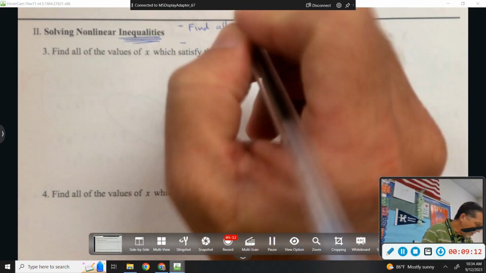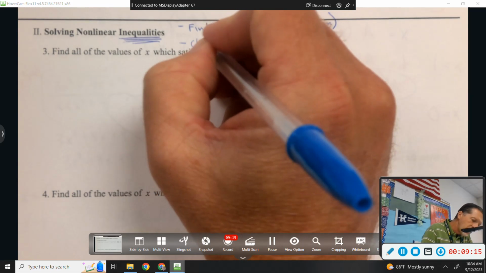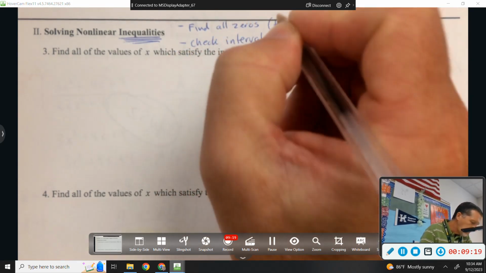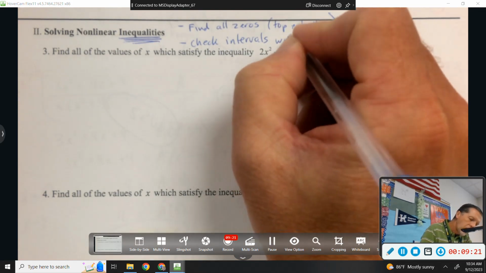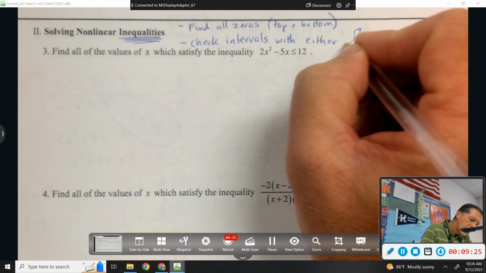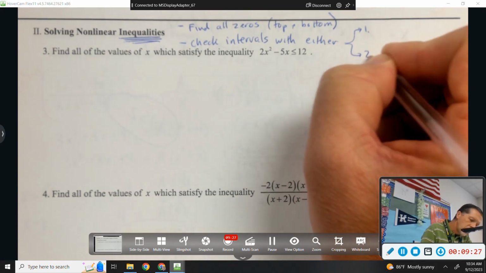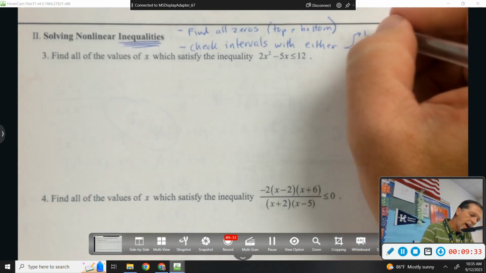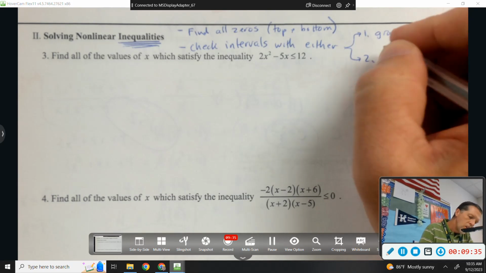And with those zeros, you set up a number line, and then you'll need to check intervals. With either, you get 2 options here. We'll check an interval with either the graph or a number line.